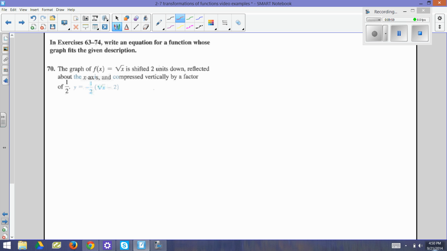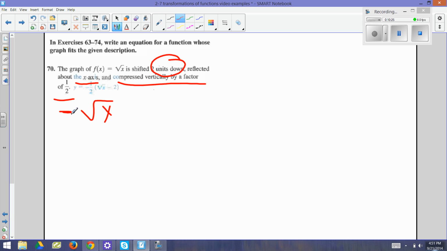Next one: the graph of the square root of x is going to shift down 2 units, reflect about the x-axis, and compress vertically by a factor of 1/2. So I start with the square root of x. I'm going to reflect it about the x-axis. If it goes around the x-axis, my y is changing signs. So there I have a negative. That's reflecting around the x-axis.